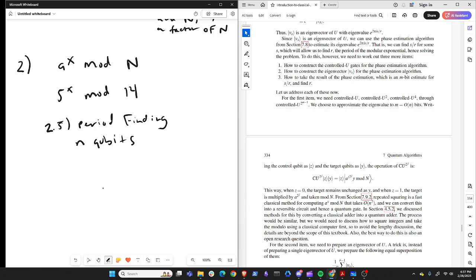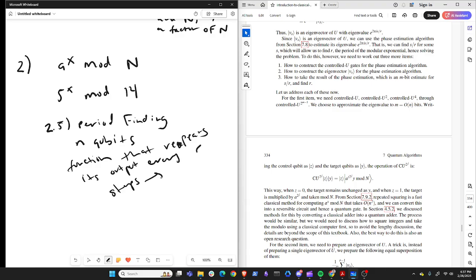The problem is that we have a function. The idea is that we have a function that repeats its output every r steps. And we want to find that r, right?